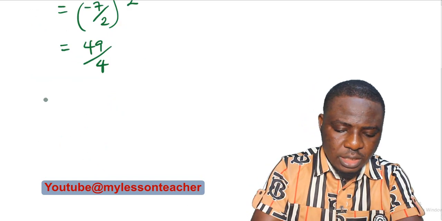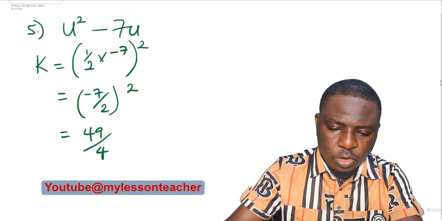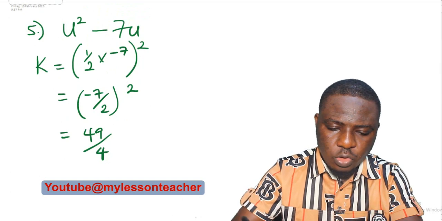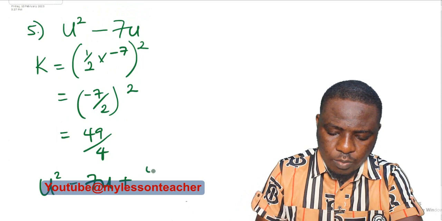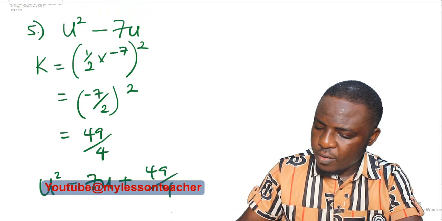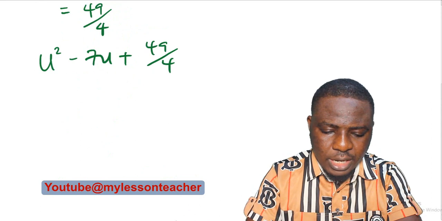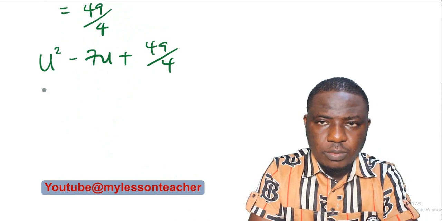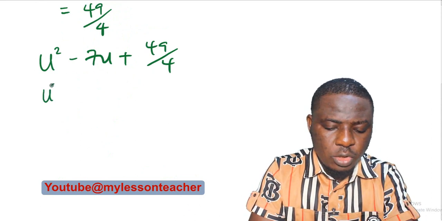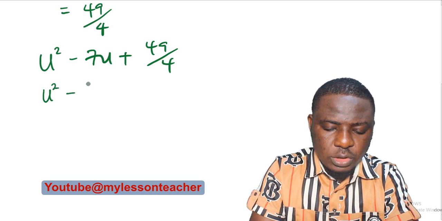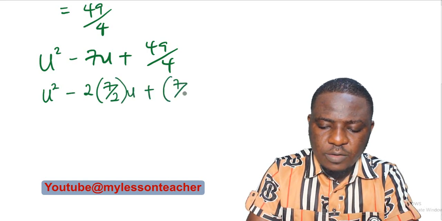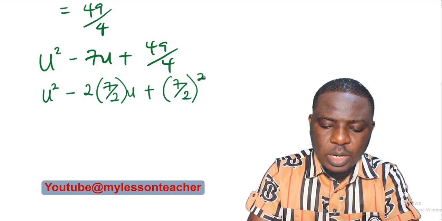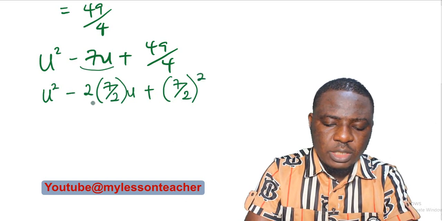So let's factorize. You have u squared minus 7u plus 49 over 4. When you simplify it, this becomes u squared minus 2 into 7 over 2 u plus 7 over 2 squared. Now, how am I able to transform this to this?